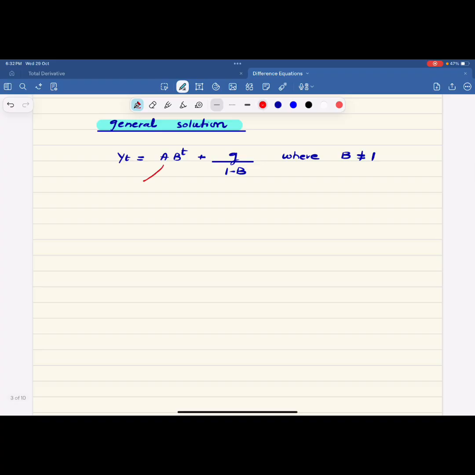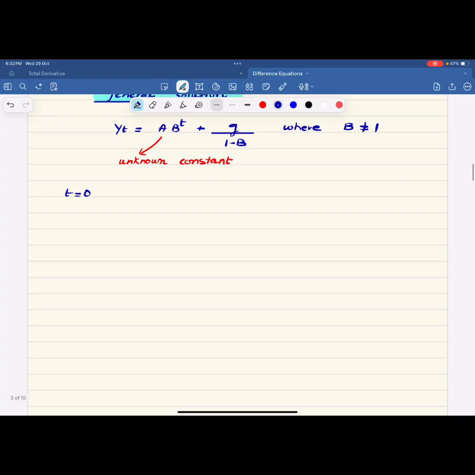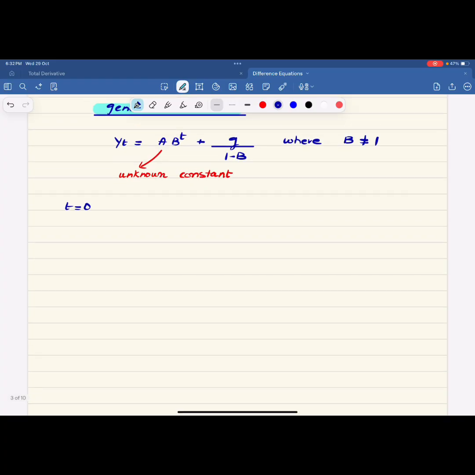Now over here we have this one unknown constant. So we should impose an initial condition. Let's see what happens at time t equals 0. The reason I am taking t to the power 0 is because I know any constant to the power 0 is going to give me a 1.